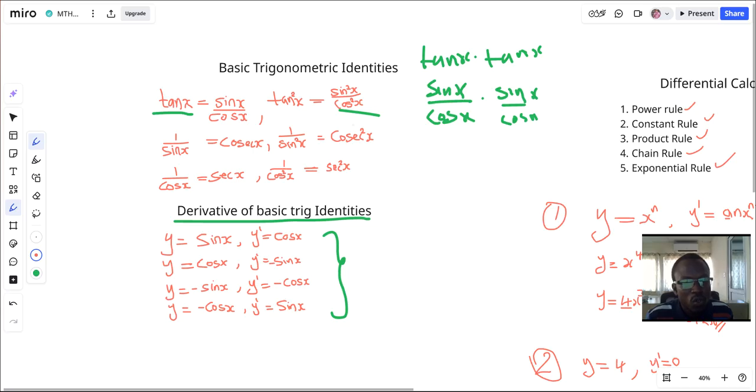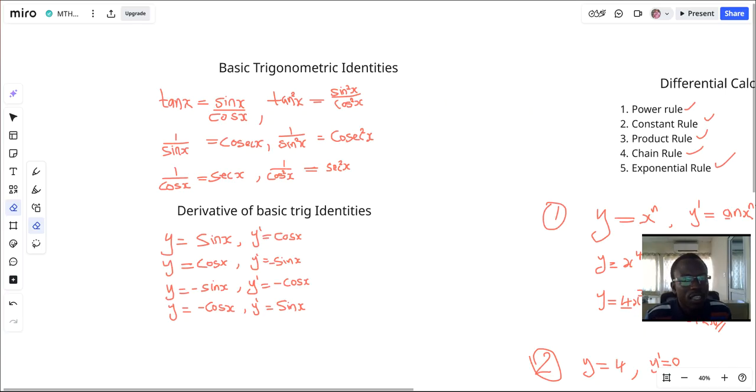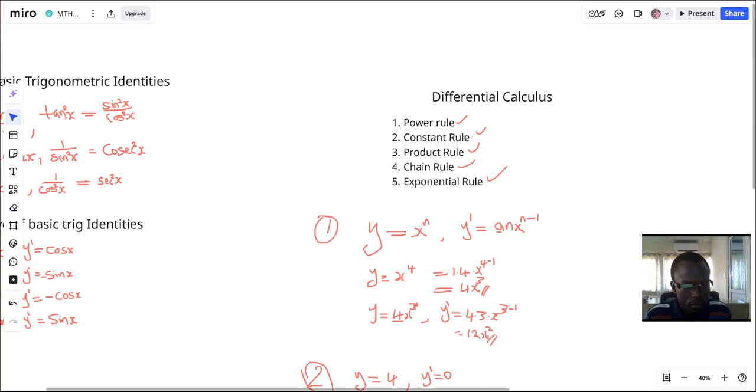Tan square x is equal to tan x times tan x, which gives you sin square x over cos square x. So we don't start to use this. I hope you do not forget.